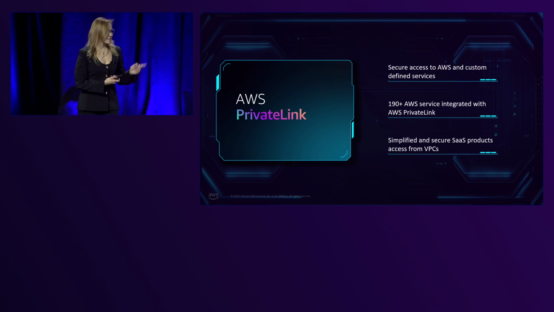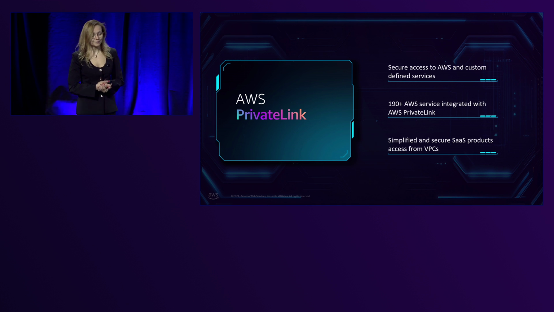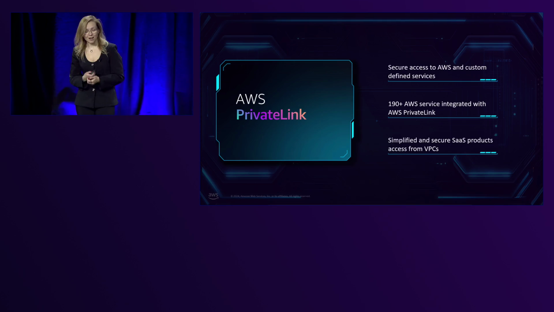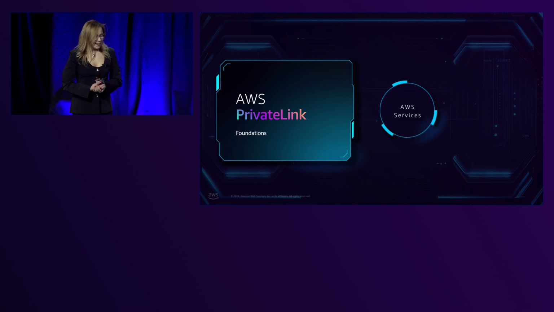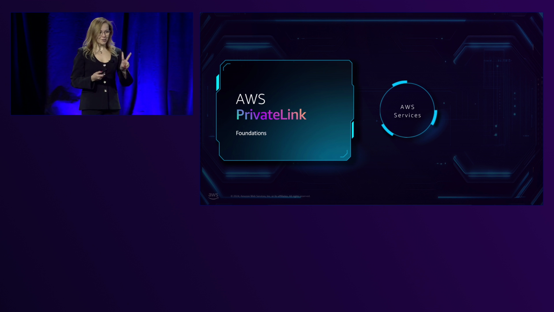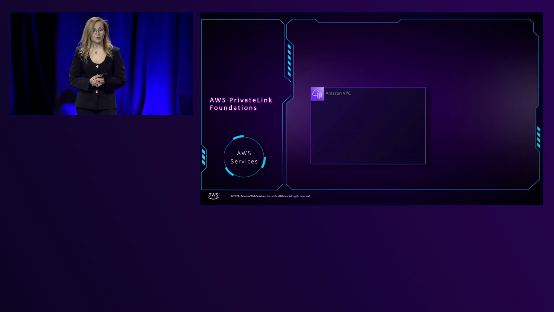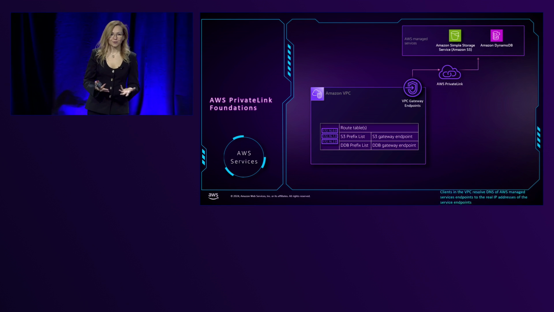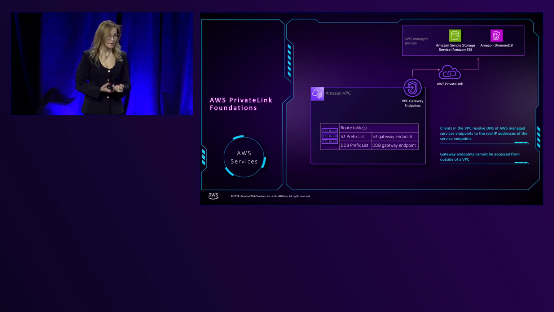We have over 190 AWS service endpoints that integrate with PrivateLink, and a lot of SaaS providers that are natively integrated. Now, if you look at foundations, there are 2 types of services that you can access through PrivateLink. AWS services, which allows you to configure either gateway endpoints, so for Amazon S3 and for DynamoDB.